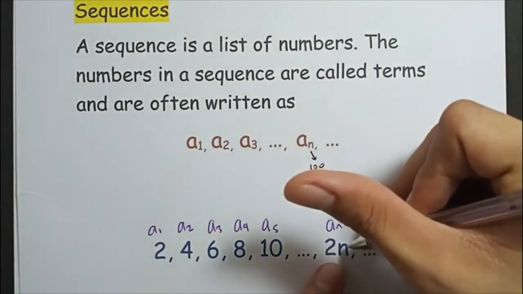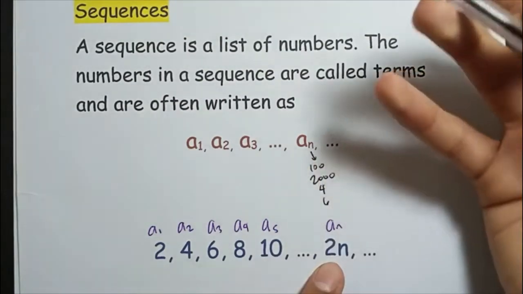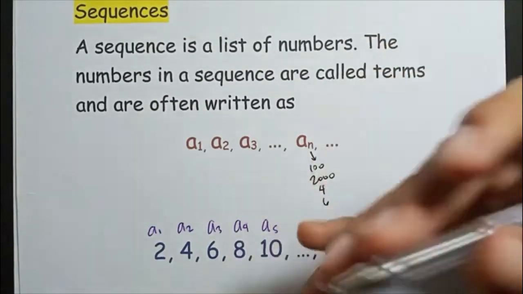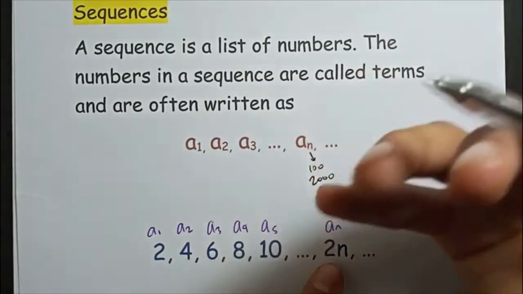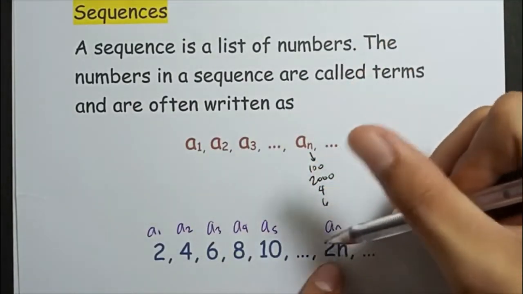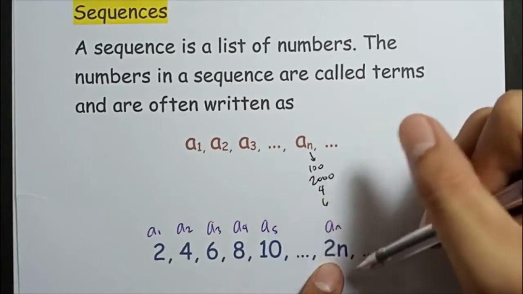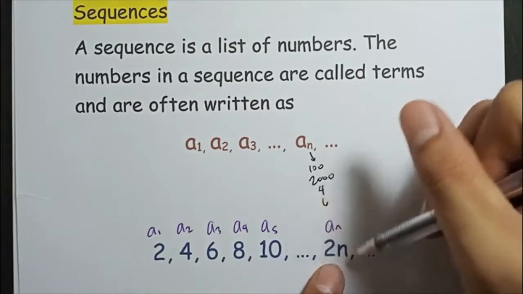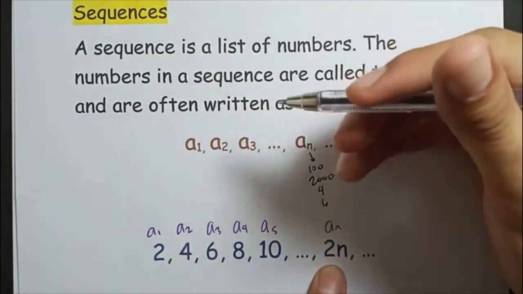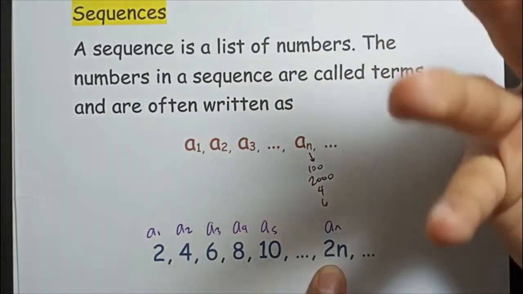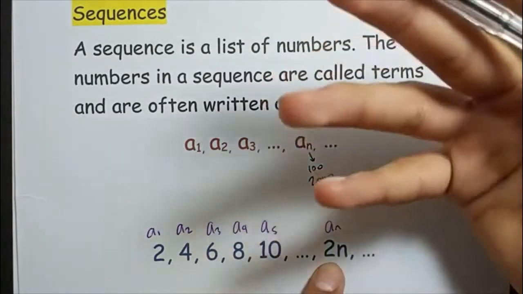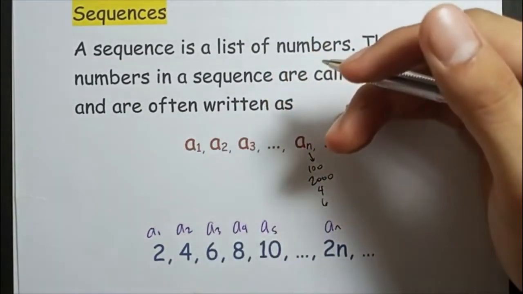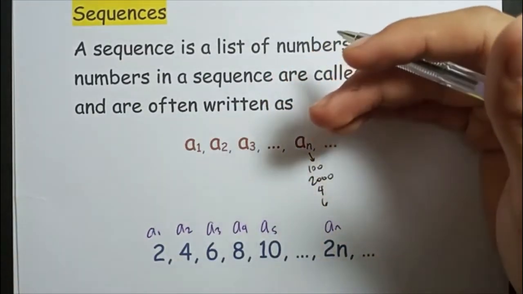So, pinapakita lang dito that we can get any place in this term or in this sequence by using this explicit formula na 2n. So, explicit formula, ito yung formula para sa sequence natin. You can get the explicit formula by observing or looking at the patterns in our sequence.